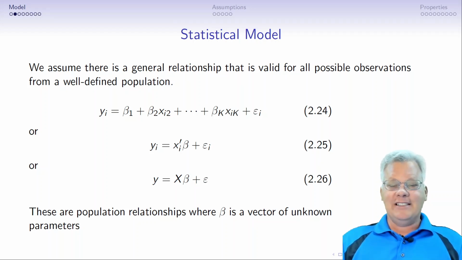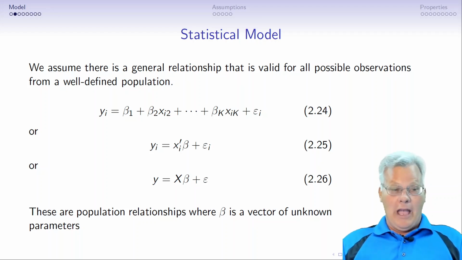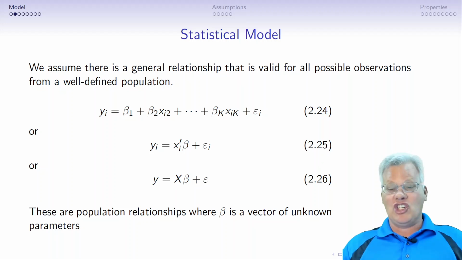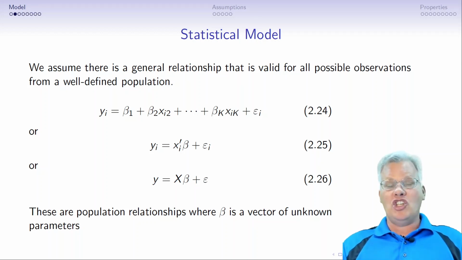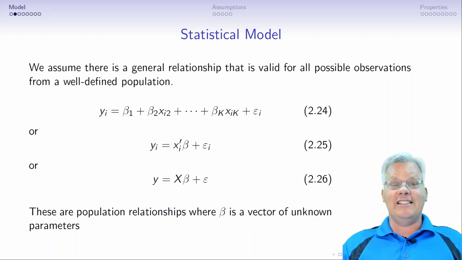Verbeek reminds us, as I mentioned in the previous section, that whenever we use Greek letters, those are unknown population variables. These are relationships or numbers that exist in the population of all possible values.